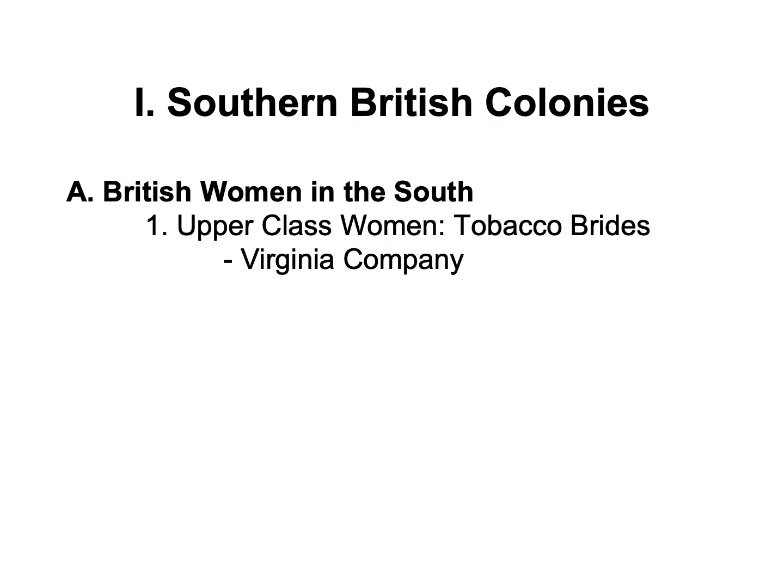However, over time, the Virginia Company started to take on quasi-governmental powers. So, for example, they were doing things like minting their own money.